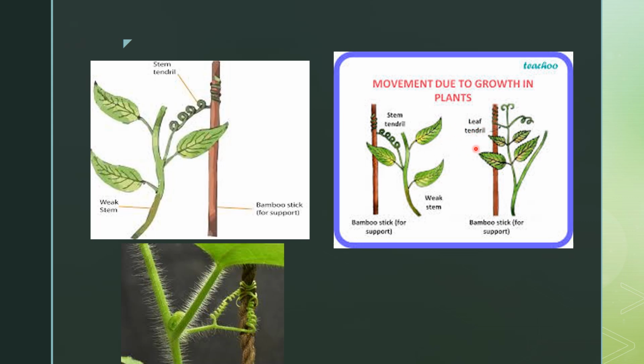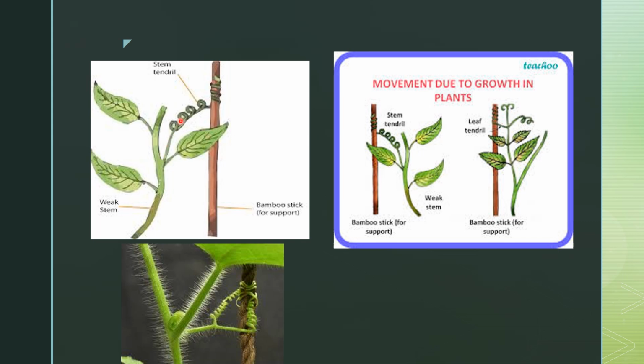Okay, here also it's clear, it arises from the axillary bud. So this tendril, or the stem tendril, can be branched or unbranched.